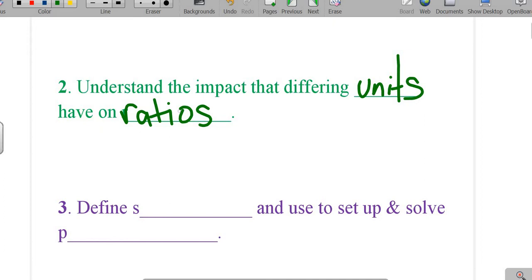We're going to understand the impact that differing units have on ratios.